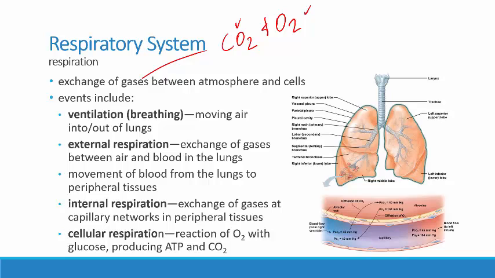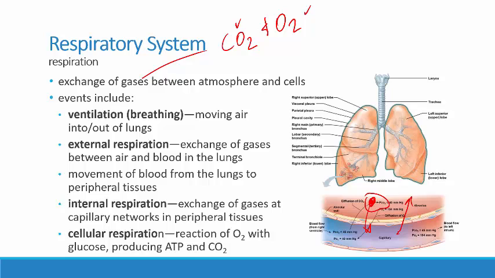And then we got to move that freshly oxygenated and decarbon dioxygenated, if that's a word, blood out to the peripheral tissues of the body, where internal respiration can occur. Internal respiration is when we exchange gases from the blood in the capillaries out to and back into the blood to the cells out here in the peripheral tissues.